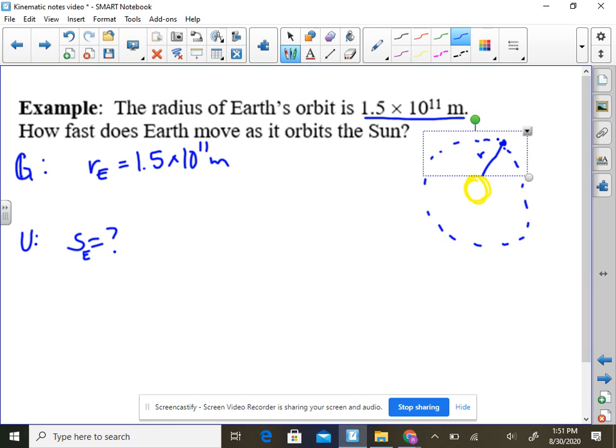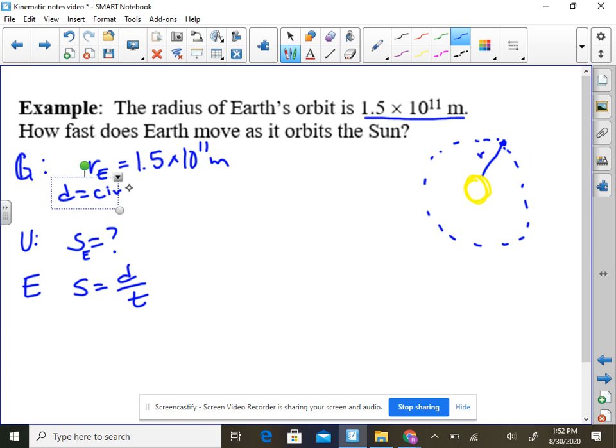To find the speed, the equation we want to use is distance divided by time. I'm not given distance and I'm not given time in this problem, but some things are implied. For example, if I want a distance for something moving in a circle, I know the distance equals the circumference.